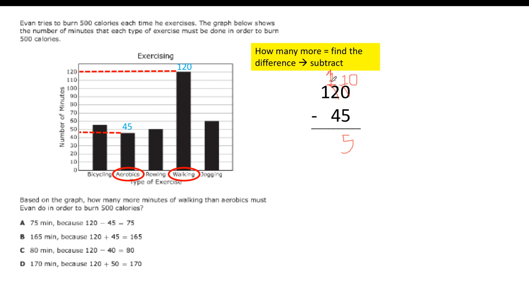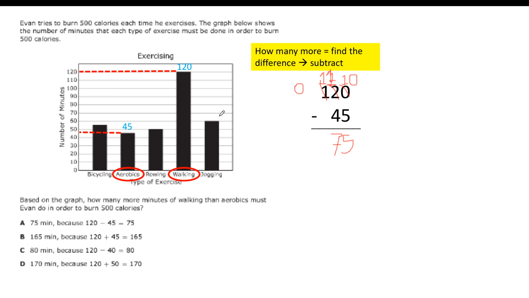Okay, now I want to do 110 minus 4 tens, but I know I can't do that. So I got to go over here and borrow. And this becomes 11 tens. 11 minus 4 is, you got it, 7. So I'm left with 75 as my answer because there are no hundreds to subtract.